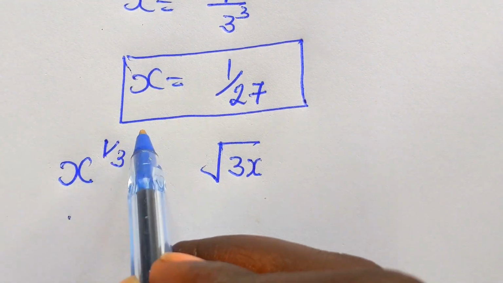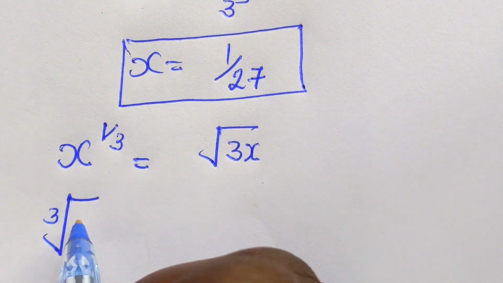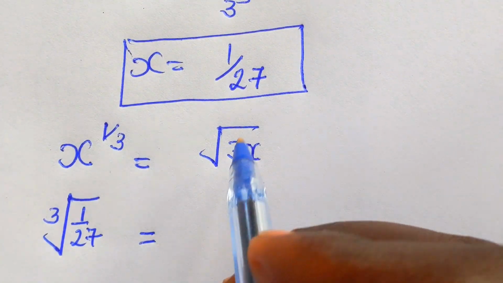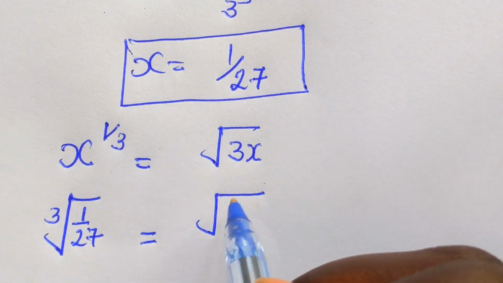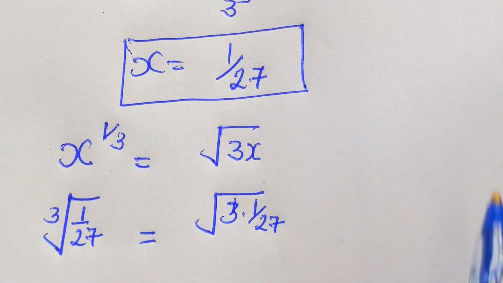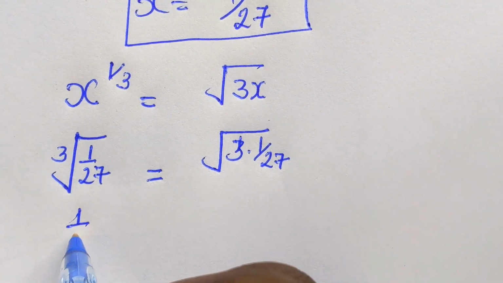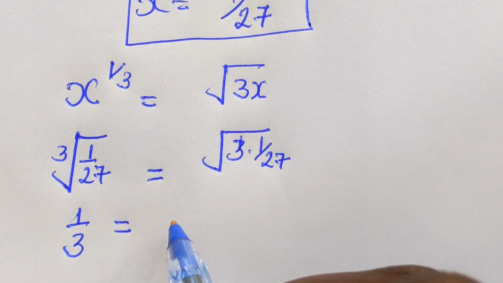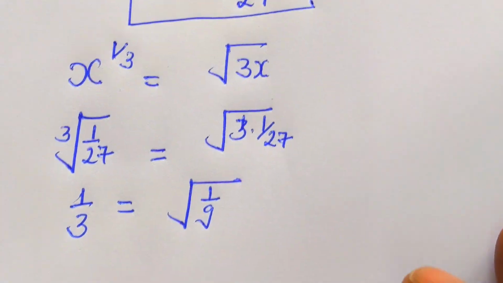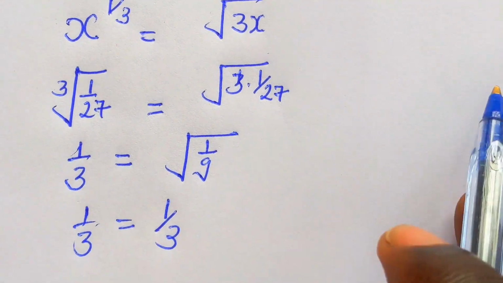When you say power 1 over 3, this is the cube root of 1 over 27, which is equal to the square root of 3 times 1 over 27. Of course, the cube root of 1 over 27 is equal to 1 over 3, whereas here we have the square root of 1 over 9. Of course, 1 over 3 is equal to 1 over 3.